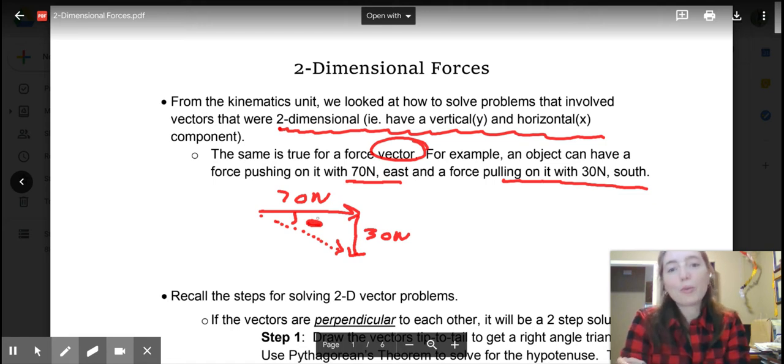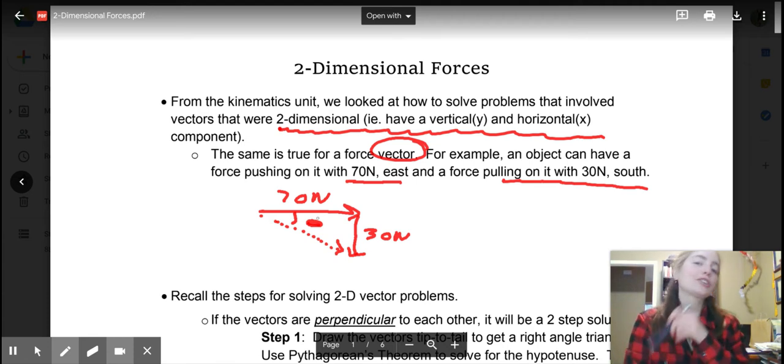Next year, when you have finished taking Math 30 and grade 11 math, you will have learned sine and cosine law. Those you can use with vectors drawn tip to tail that aren't perpendicular to each other. We'll talk about that next year in Physics 30. But we can't do that now because you haven't learned sine and cosine law in math, and we're not going to jump the gun with the math curriculum.